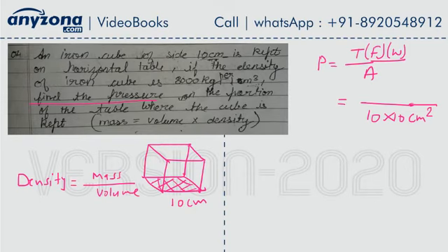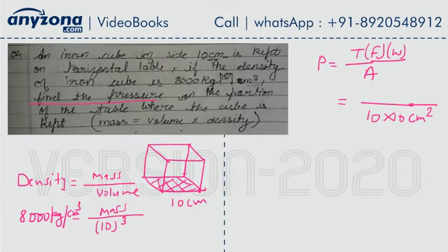First of all, you have to find the volume. Volume of a cube is side cubed, so volume is 10 cubed. Mass is not given, and density is given as 8000 kg per cm cube.